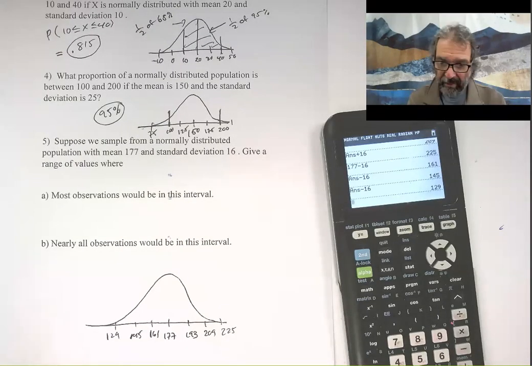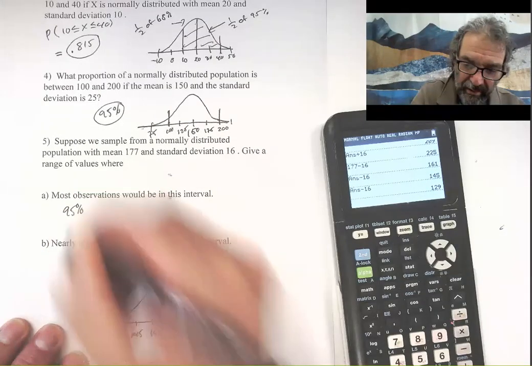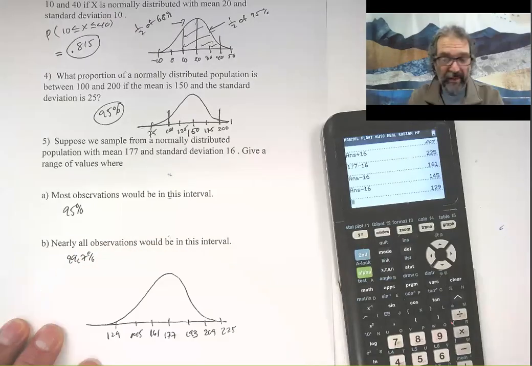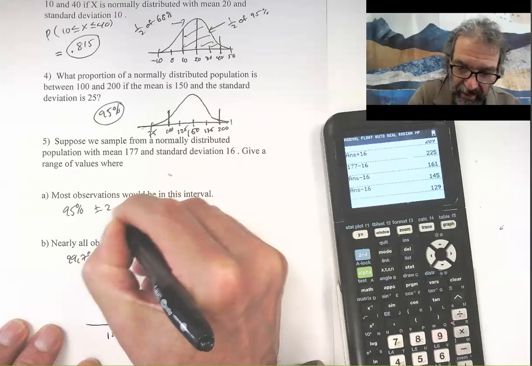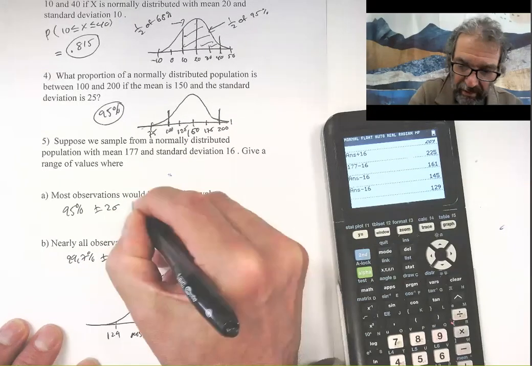So it says, use the empirical rule to give a range where most observations fall. I think most is probably 95%, and nearly all is 99.7. And so that's the plus or minus 2 sigma range, and this is the plus or minus 3 sigma range from the mean.